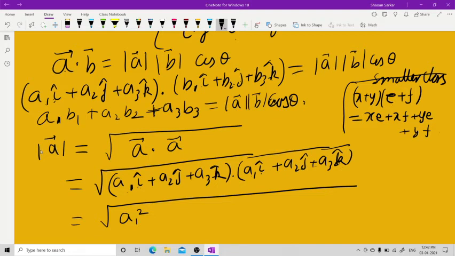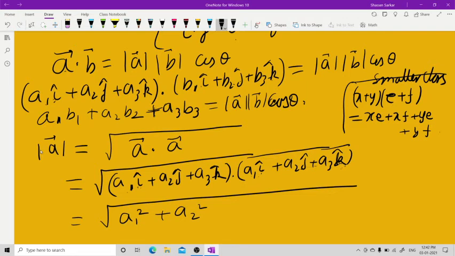So I'll now take the next one. A2 j with i will become 0. A2 j with A2 j will give me A2 square, and A2 j with A3 k will again give me 0 because j dot k is 0. So I'll now try with A3. A3 k cap and A1 i cap will again become 0 because k dot i is 0. A3 k cap and A2 j cap will become 0 because k dot j is 0.